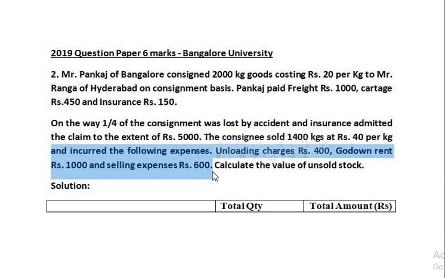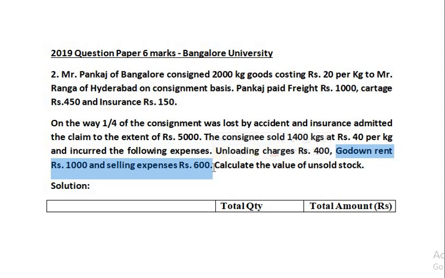In these expenses we should take only unloading charges, because this is a non-recurring expense, but godown rent and selling expenses of rupees 600 are recurring expenses, incurred after the goods reached the place of consignee. So these two expenses should not be taken while calculating the value of unsold stock.